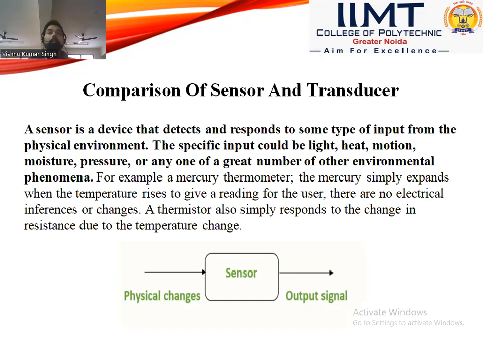For example, a mercury thermometer. The mercury simply expands when the temperature rises to give a reading for the user. There are no electrical interferences or changes. A thermistor also simply responds to the change in resistance due to the temperature change.